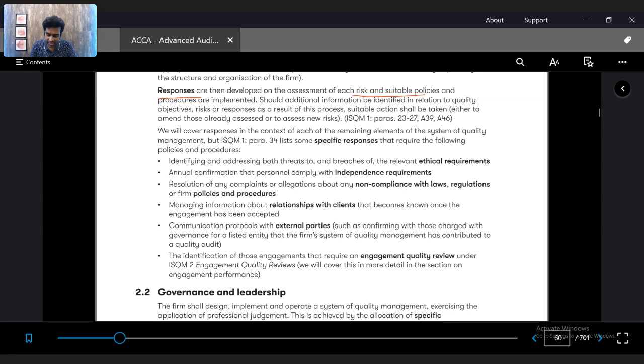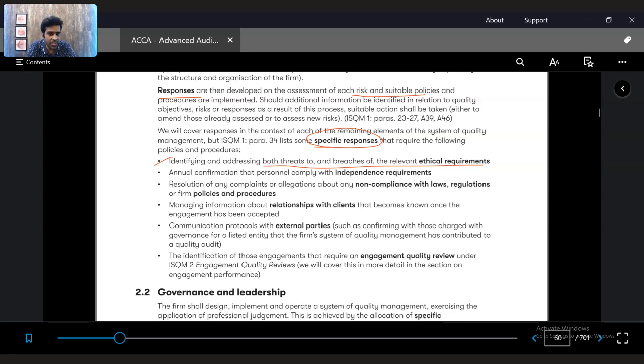We will learn that in detail, but certain specific responses that might be required are, for example, identifying and addressing threats to breach of relevant ethical requirements. What if we have given a proposal to a client, and the client came back and accepted it, but we identified that we have independence issues with the client as part of the ethical requirement?